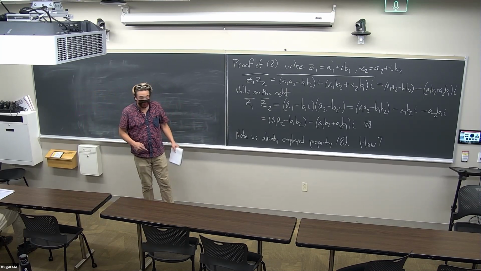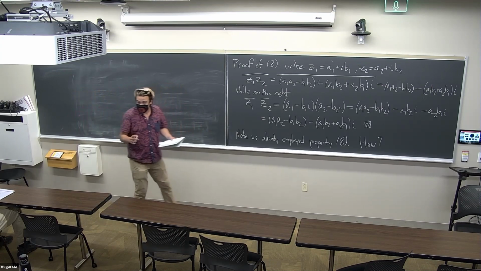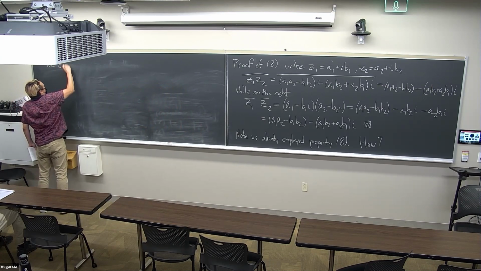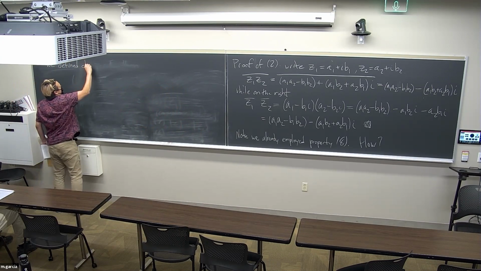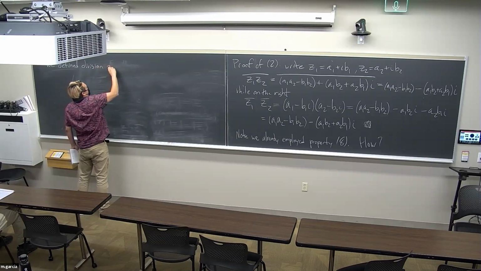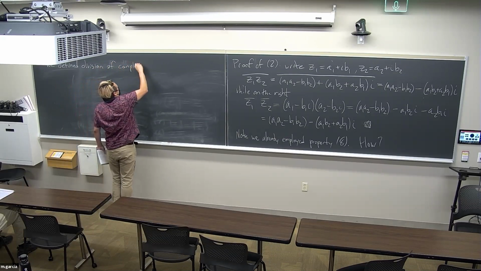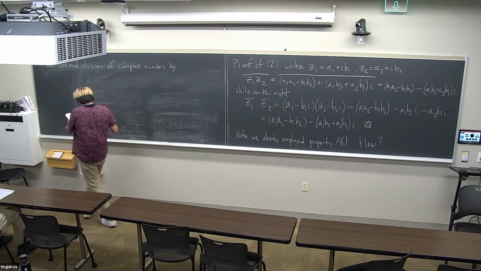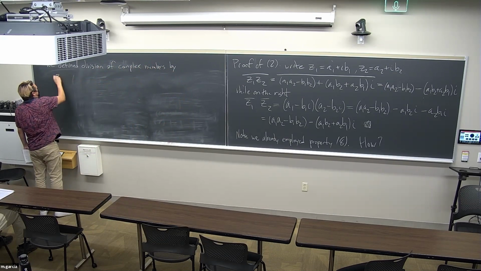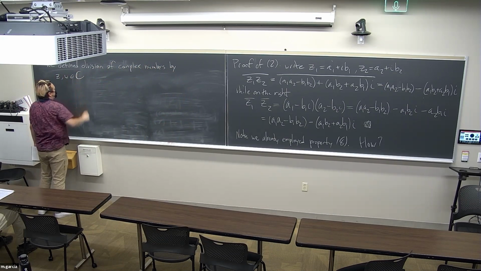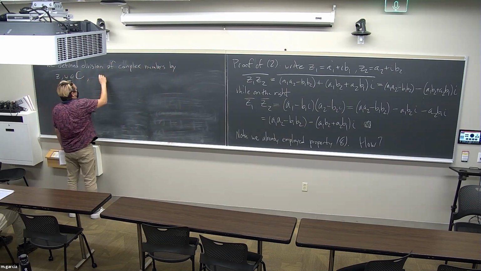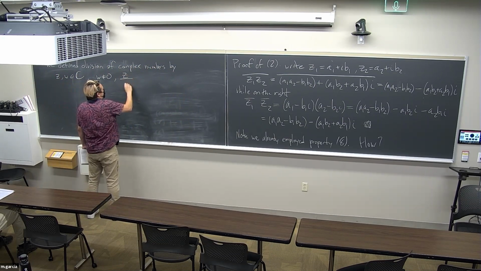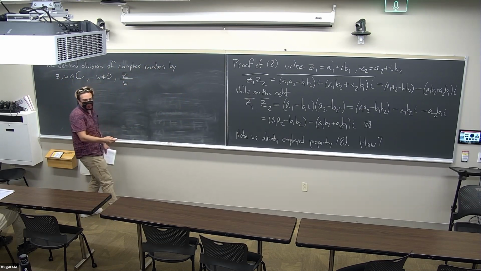Fantastic. Let me point out where we used this already. Remember, we defined division of complex numbers. If we have Z and W in C, W not equal to 0, Z divided by W, we want to put this in standard form.